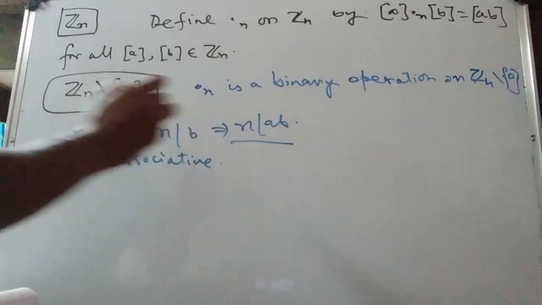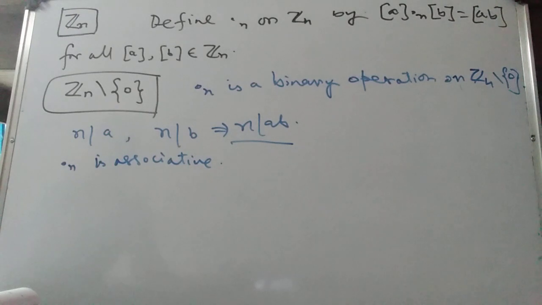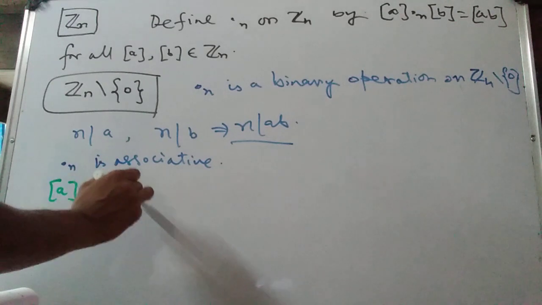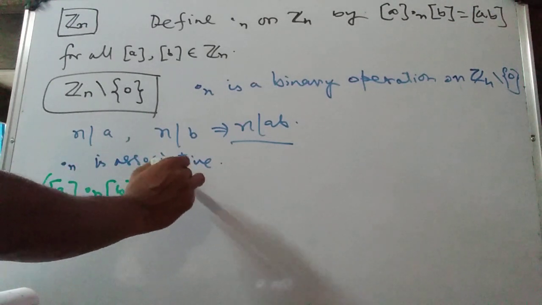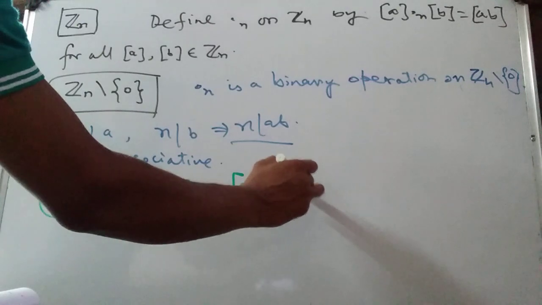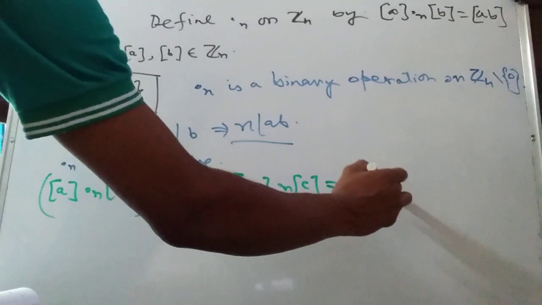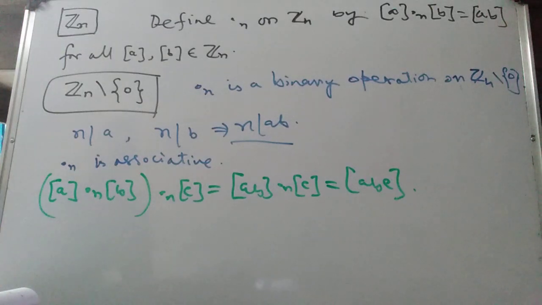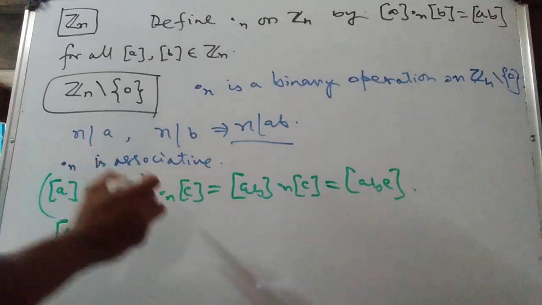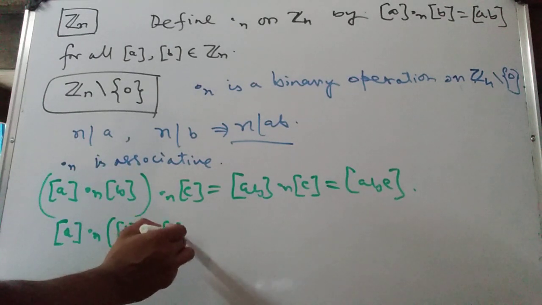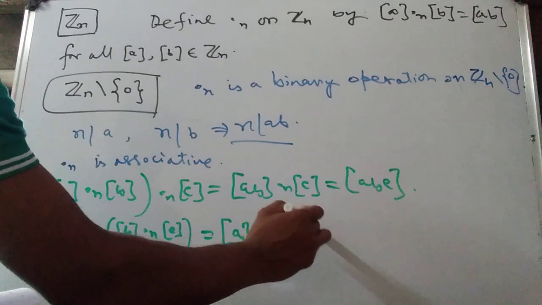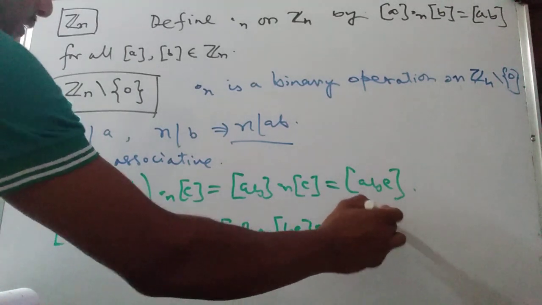How does this become associative? This is easily known: a dot n b, then dot n c, with respect to modulo n, equals abc. And in this way a dot n, b dot n c, equals abc.